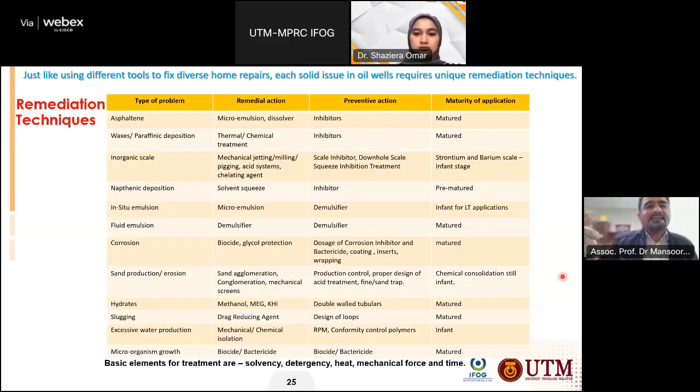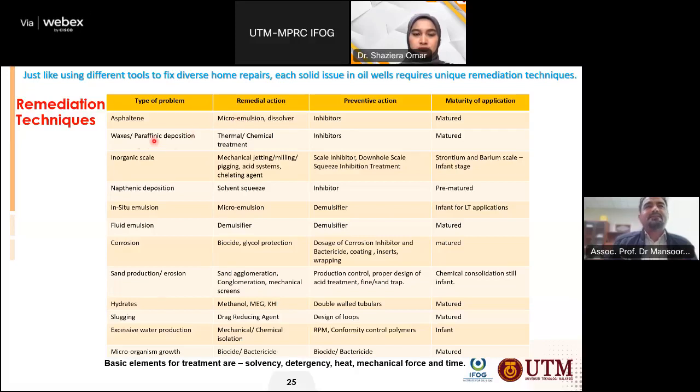So this is the status of the problems, and then the remedial action and the prevention action, and also the maturity of the application. As you can see here, for asphaltene and wax, we can do the remedial with a macro emulsion and dissolver. And I'm going to show you an example for this.